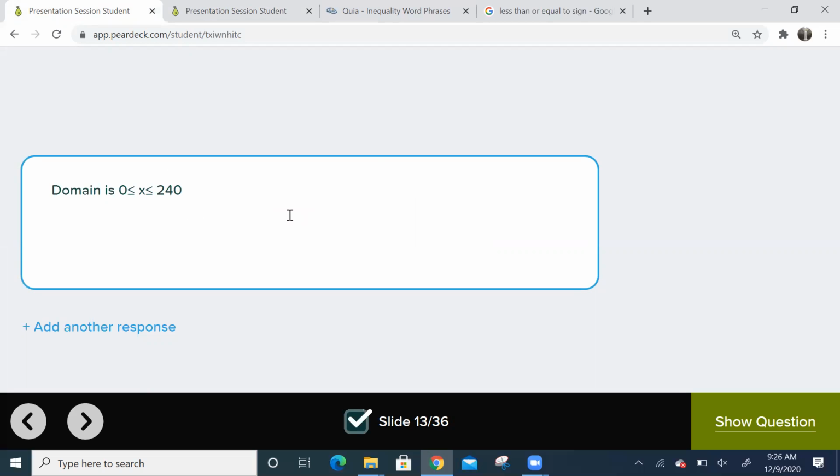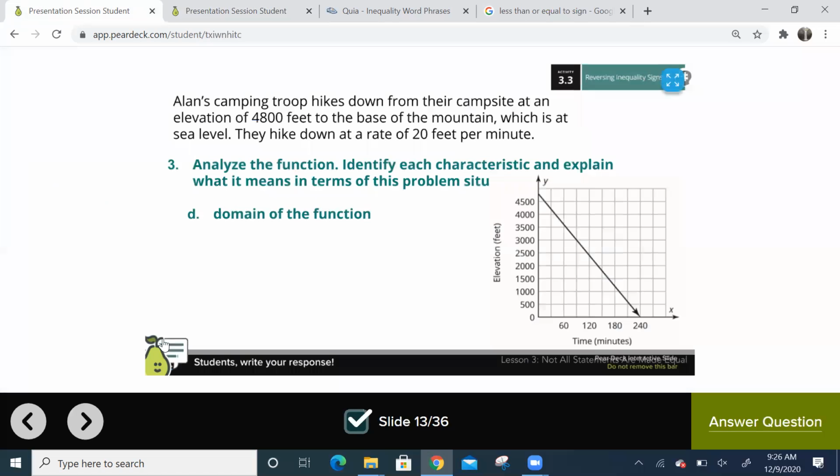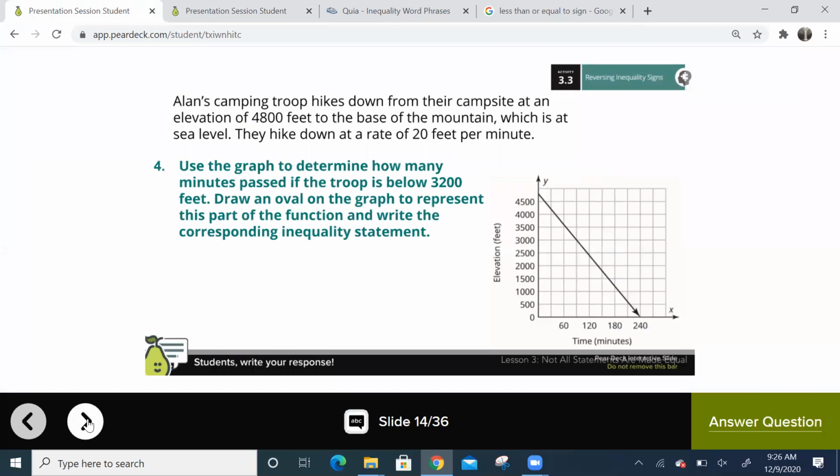They begin at 0 and end 240 minutes later. So that's our domain. They didn't ask what our range is.